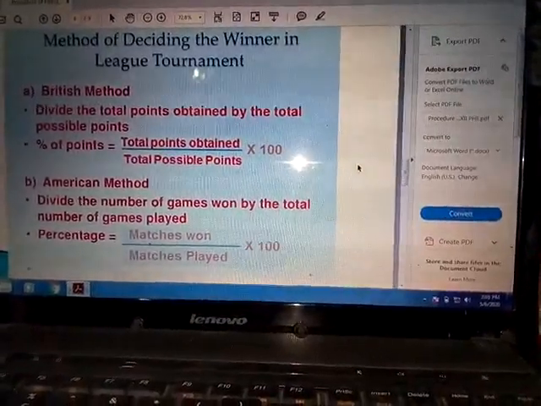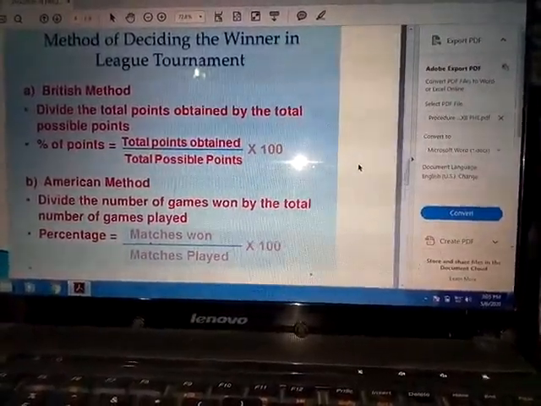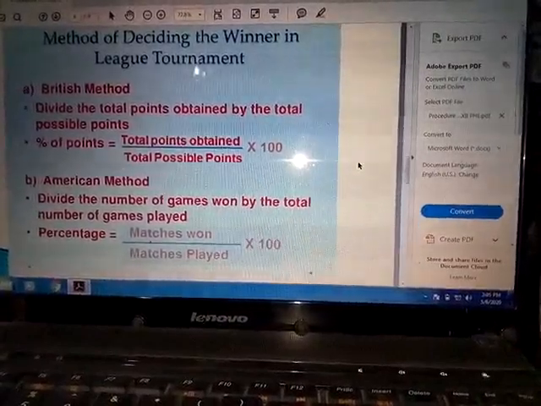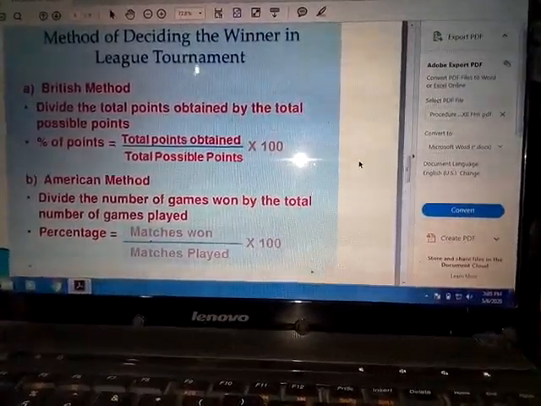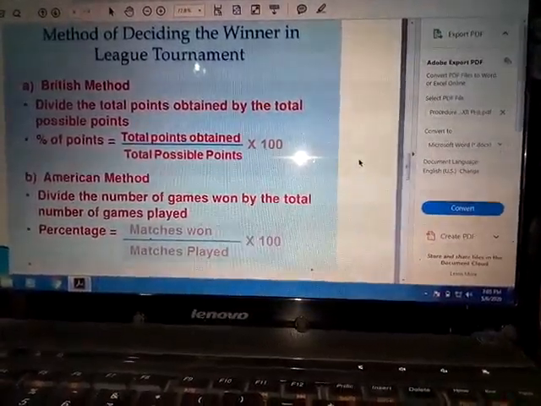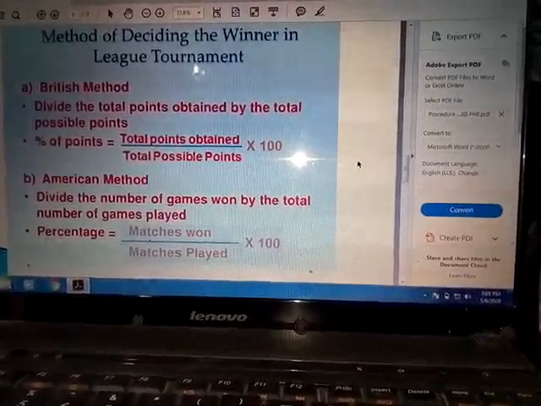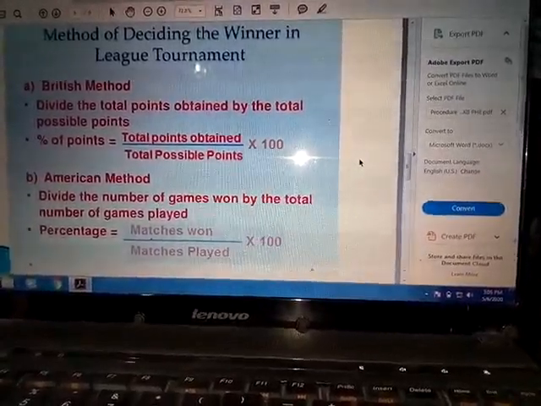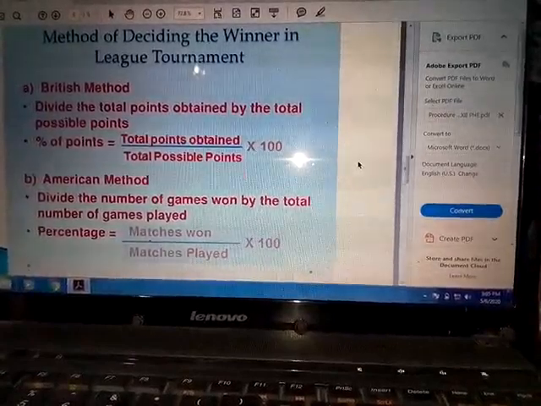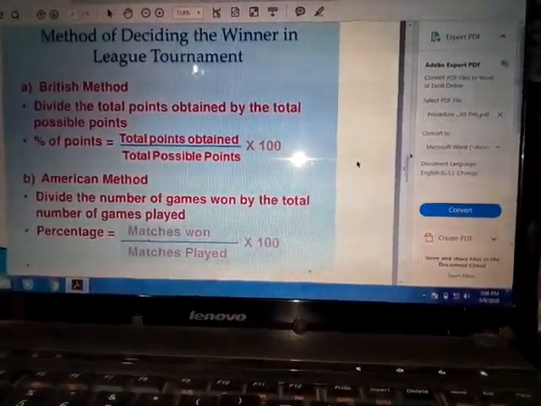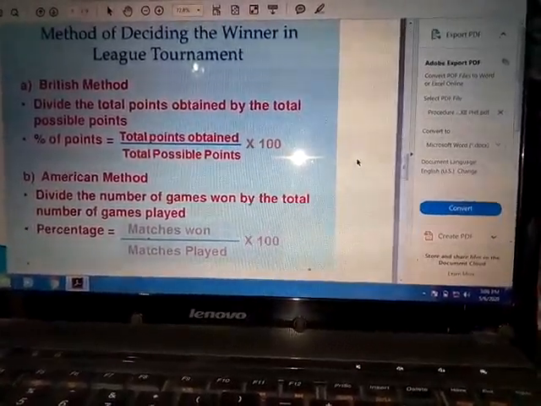Now, the method of deciding the winner in league tournaments. There are two types of methods to decide the points, winner or runner in a league tournament. The first one is the British method. The first point is to divide the total points obtained by the total possible points.